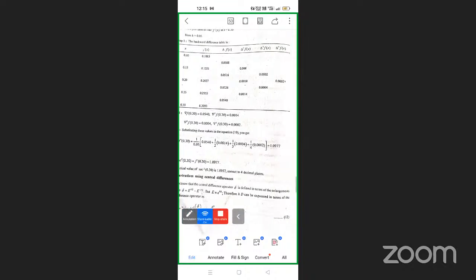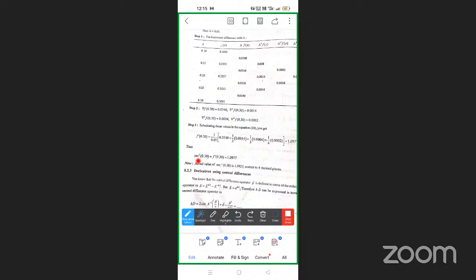After calculating, we get 1.0977. So f dash of 0.30 equals secant square of 0.30.